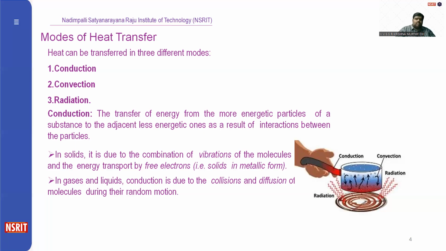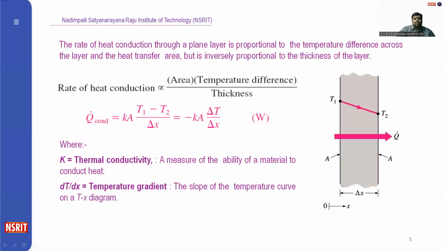Conduction generally takes place in solids and in liquids also, through collision or diffusion of electrons. For this, Fourier has given a law, also called Fourier's law of heat conduction.